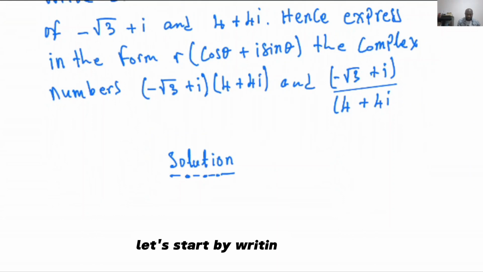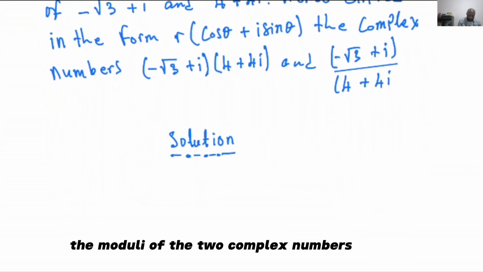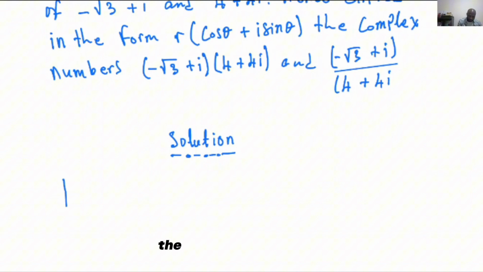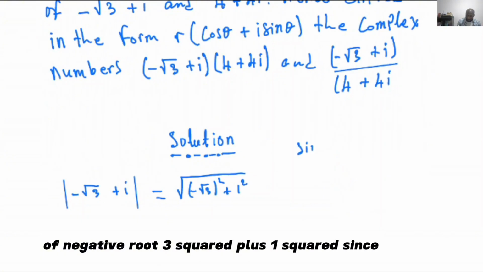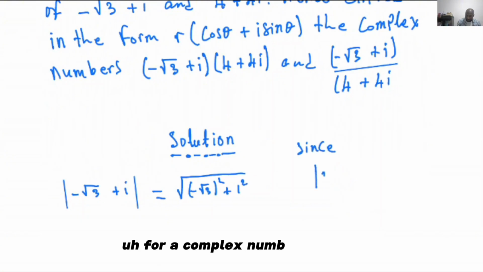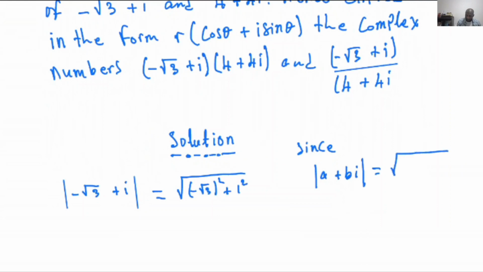Let's start by writing the moduli of the two complex numbers. So the first one, the modulus of negative root 3 plus i, we know this is the square root of negative root 3 squared plus 1 squared, since the modulus of a complex number a plus bi is just the square root of a squared plus b squared.